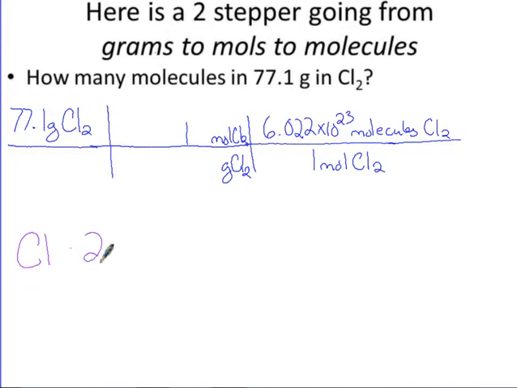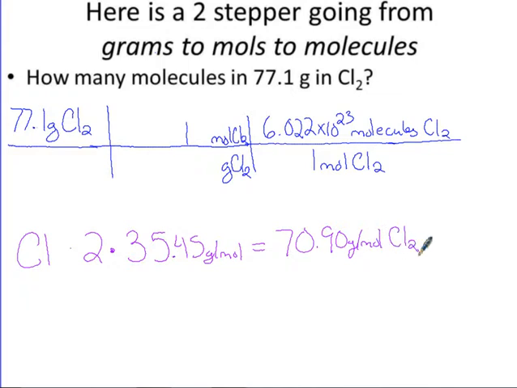I've got 2 of them, so I multiply the 2 by the molar mass of chlorine, which is 35.45 grams per mole, and that comes out to 70.90 grams per mole Cl2. Take that number and put it here. 1 mole equals 70.90 grams Cl2.